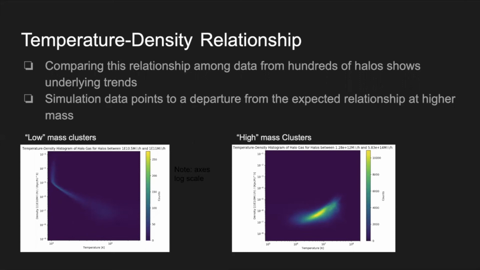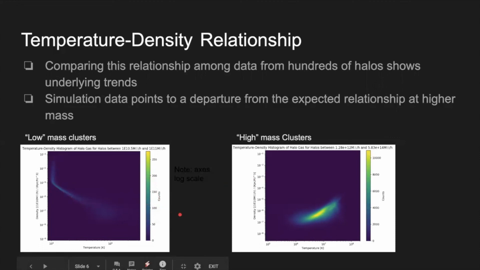What you'll see is the simulation data points to a departure from the expected relationship at these higher mass clusters. I didn't talk about it yet, but the expected temperature-density relationship for something like this would be just like this, a negative slope.